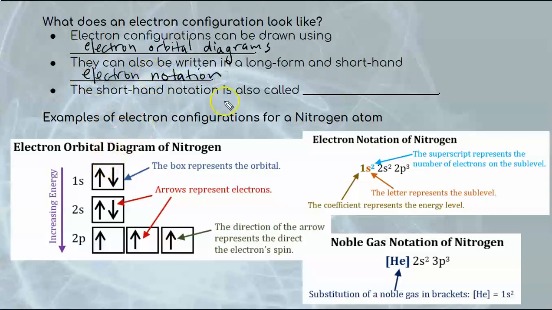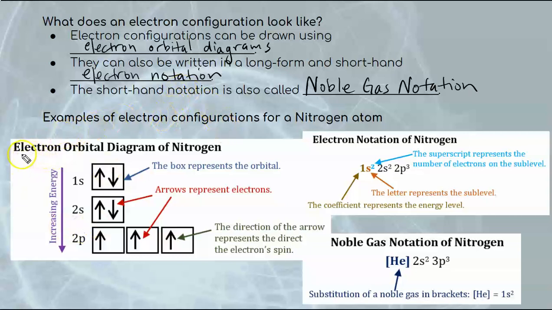The shorthand notation is also called noble gas notation. We won't be going into detail of noble gas notation until a little bit later, so you can hold off on that. But I do want you to take a look at the images below.